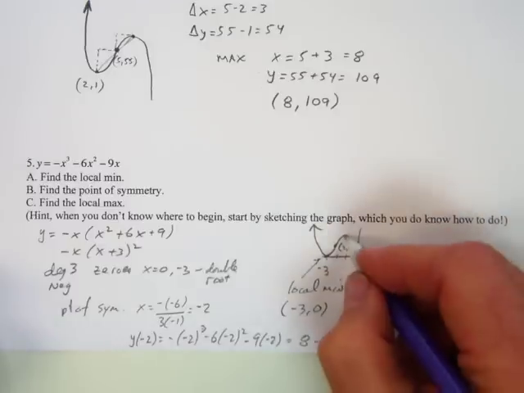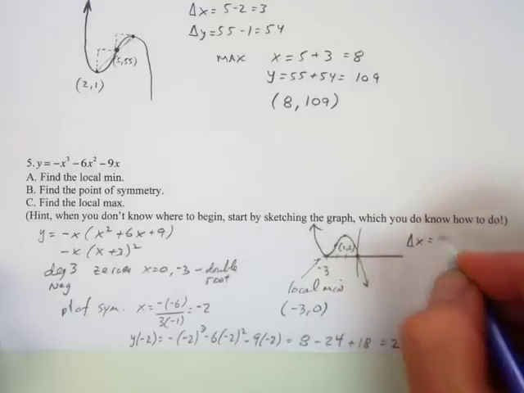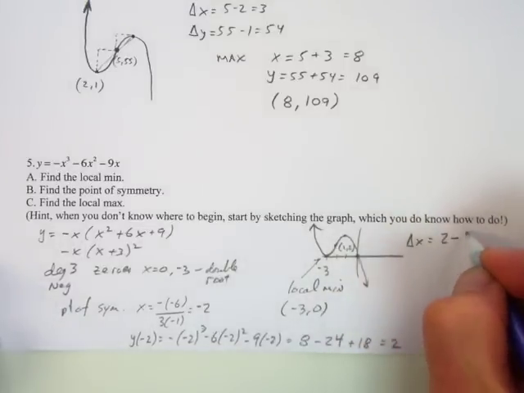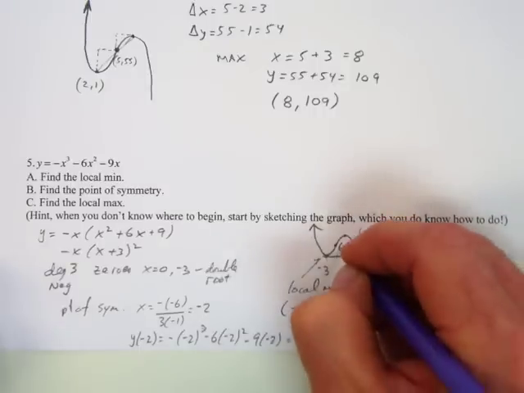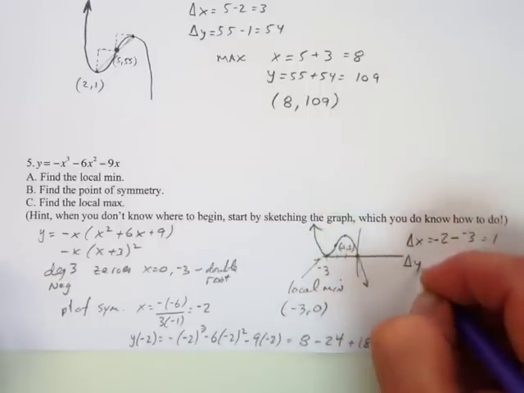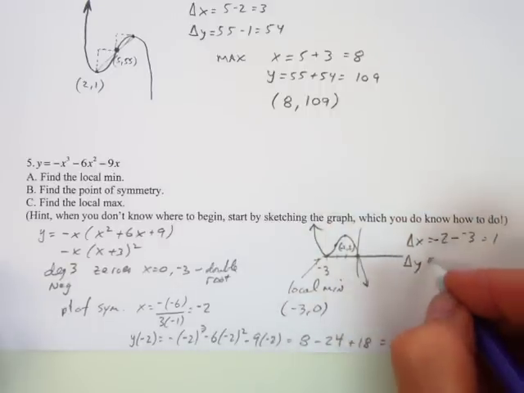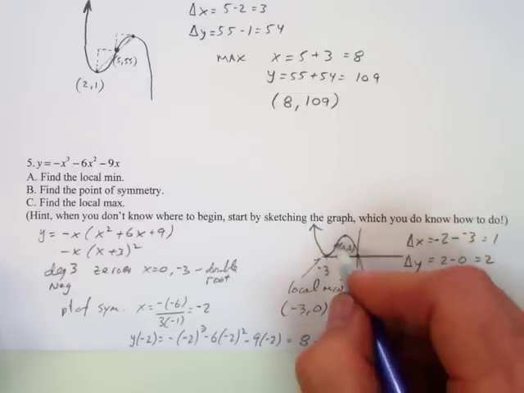How do I go about finding my local max in this one? Well, my change in x is going to be negative 2 minus negative 3, and that gives us positive 1. I'm sorry, I wrote this as 2 before. And then the change in y will be 2 minus 0, or 2.